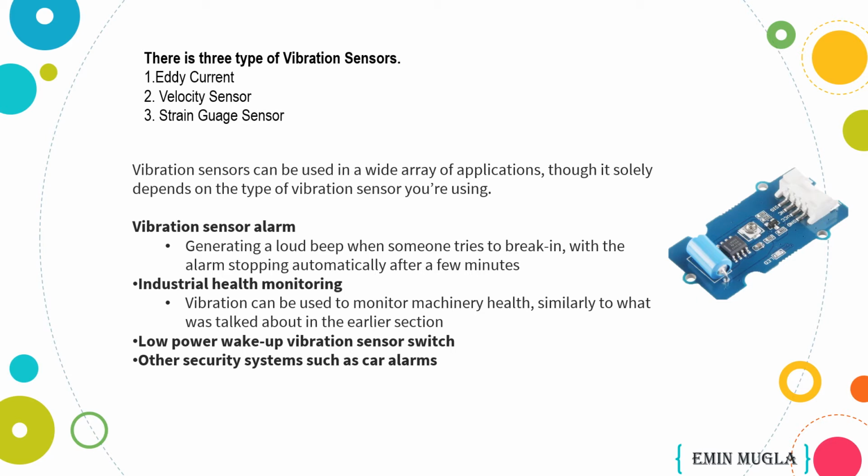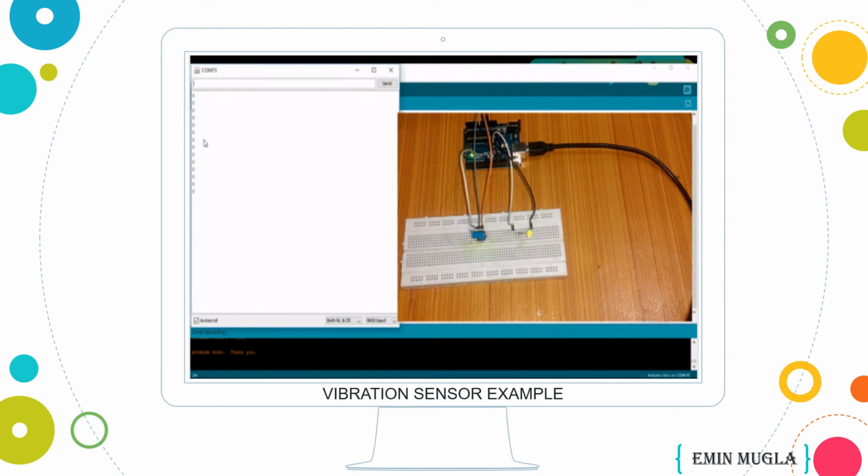And also they are used for industrial health monitoring. Vibration can be used to monitor machinery health, similar to what was discussed in the earlier section. Also we can use low power wake up vibration sensors, switches, and other security systems such as car alarms. Also there's a sample here, so when we touch the table there's vibration and the reading turns different values.